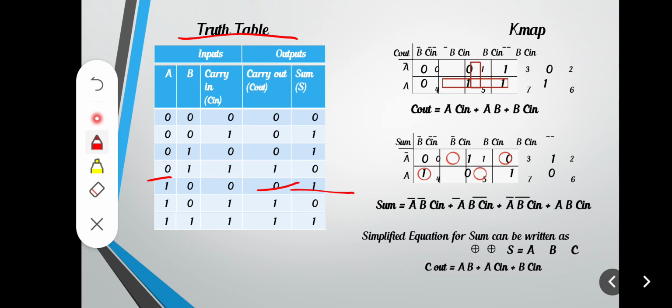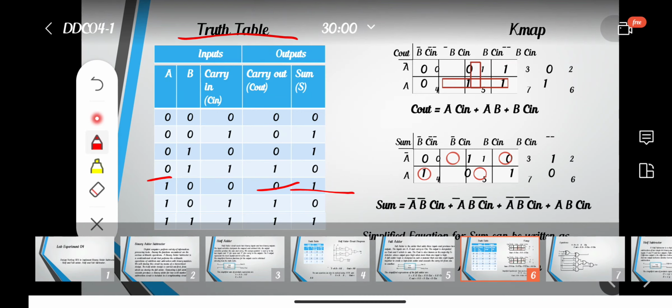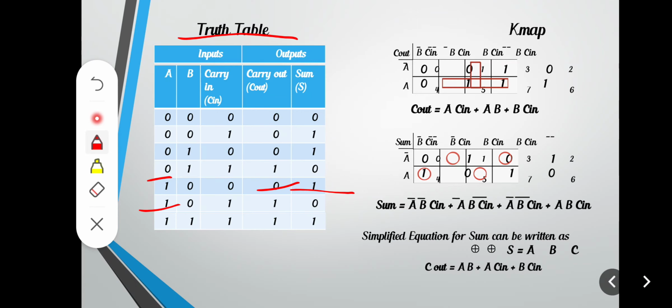And similarly in the sixth row, 1 plus 0 is equal to 1, then 1 plus 1 is equal to 0 with 1 as carry. That means the sum bit is equal to 0 while the carry bit is equal to 1.